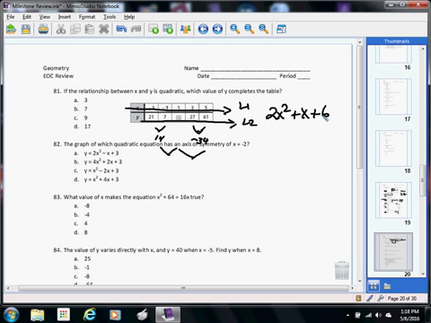So then take that number and plug it in and see what 1 gives you. If you plug 1 into here, 1 squared is 1, times 2 is 2, plus 1 is 3, plus 6 is 9. The correct answer to 81 is C.